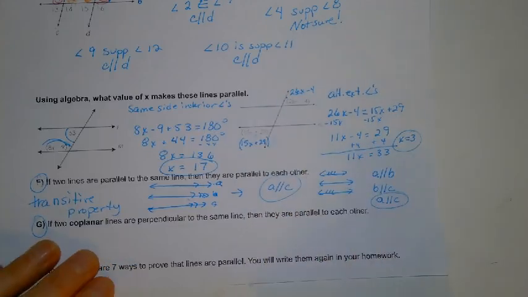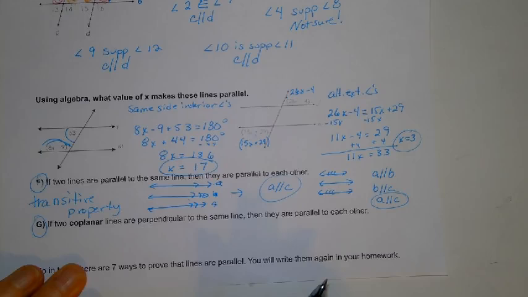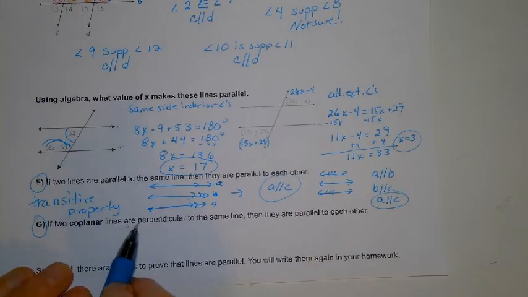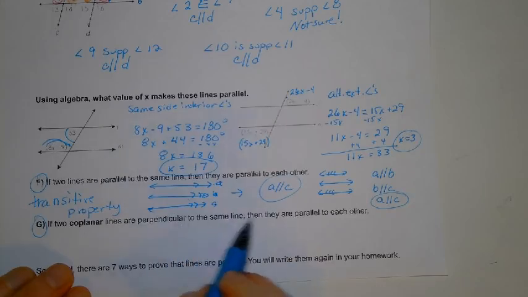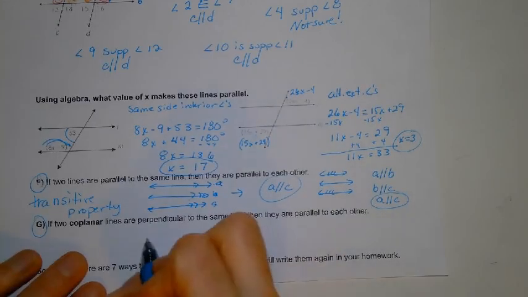Now this one I don't know if we've talked about. If two coplanar lines are perpendicular to the same line, then they are parallel to each other. You sort of did a proof at one point to prove this, but we never really talked about it. So two coplanar lines. So here's a line, and here is a line that is perpendicular to it.